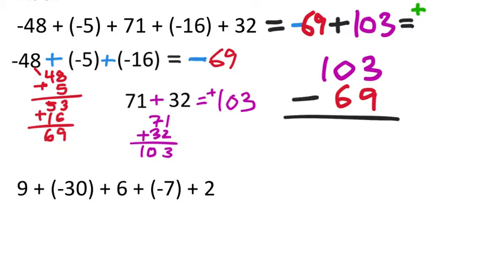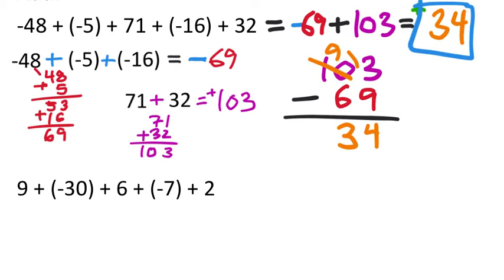So we're going to subtract these 2, and whatever I get from this will be my answer. Now 3 minus 9, I'm going to borrow from the 10 there to make that 13 minus 9 is 4. 9 minus 6 is 3. 34. Positive 34 specifically. And that would be our final answer. I kind of tossed out that positive sign because we don't need it. But 34 positive, that is our final answer.